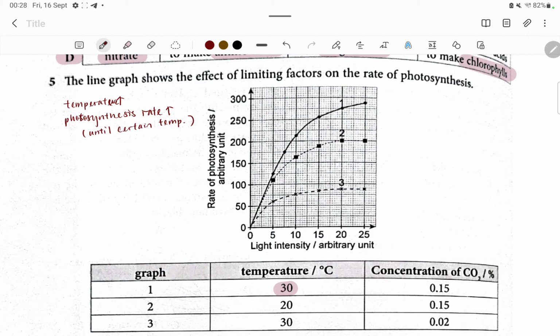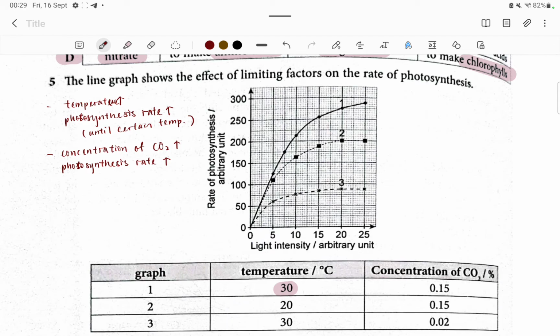And then the second one is concentration of carbon dioxide. When it increases, photosynthesis rate also increases, but it will still be controlled by other limiting factors.